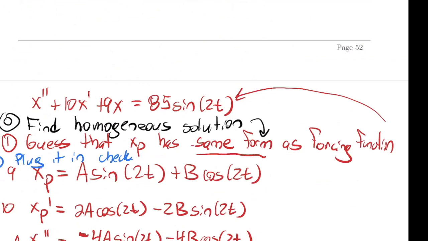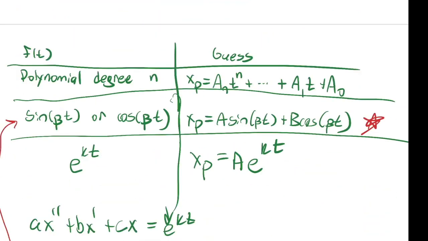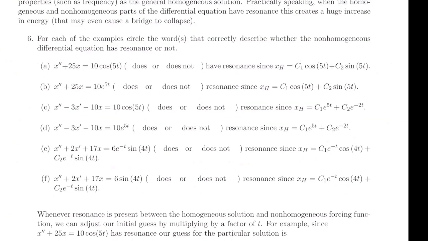Since your answer to that might mean that you have some resonance, and then you might need to multiply your guess by a power of t. So if I'm trying to work on question 6 and figure out whether or not I'm going to have to adjust my initial guess, this is the one that we just did together.